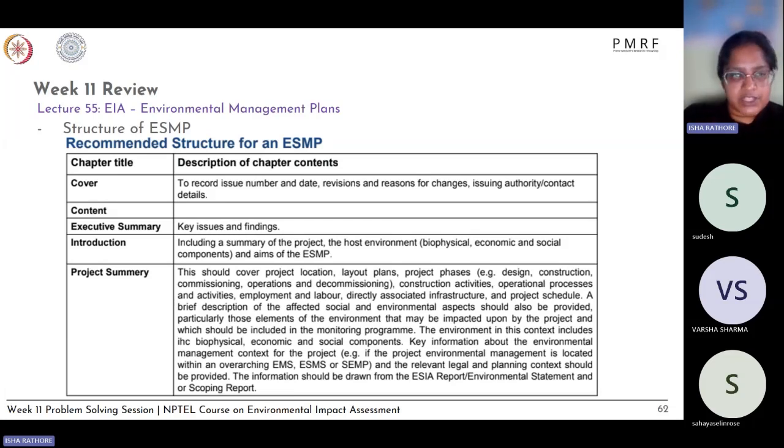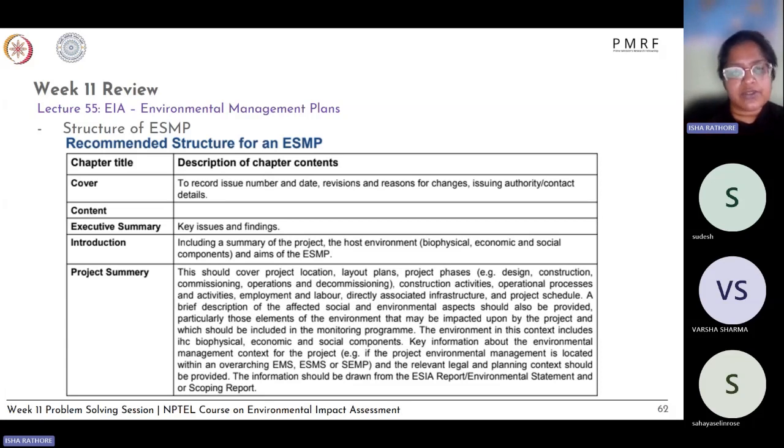First you mention the cover, that is, if there are any changes or what version of this document has been done and what date this is being used. This is done so that the authority or the organization can keep track. The main components which are relevant to us: first you have the contents page, then you have the executive summary. Here you list briefly what the key issues and findings were.